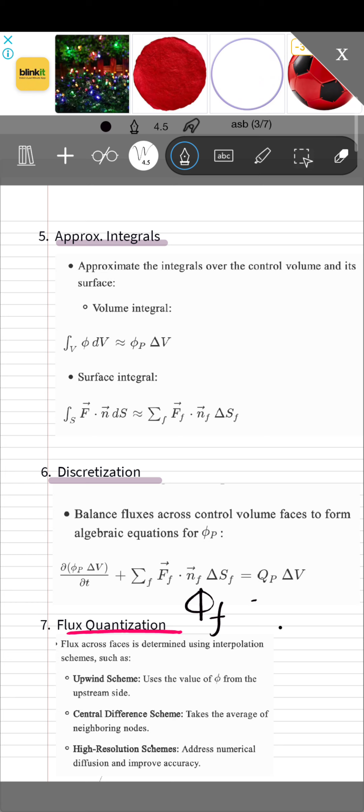Now the problem with this upwind scheme is that it is applicable when there is high speed flow going on. That means a uniform but high speed flow, and this fails when there is a steep change involved.